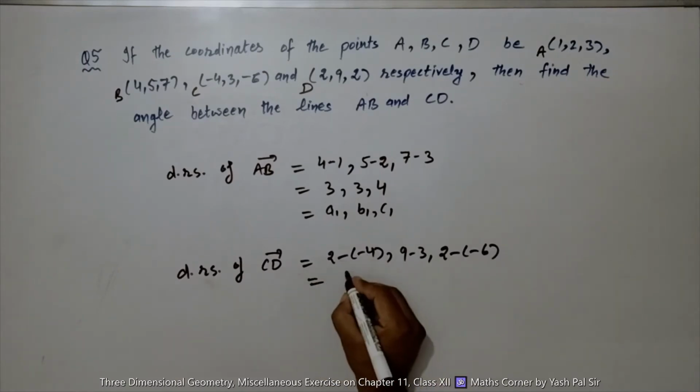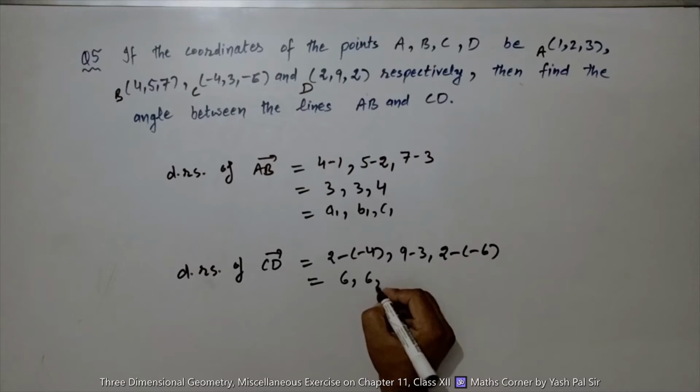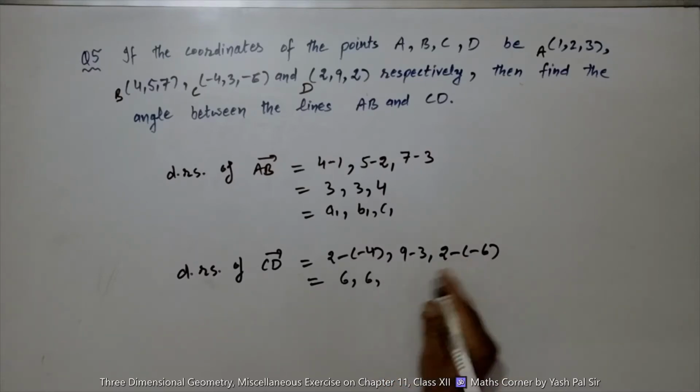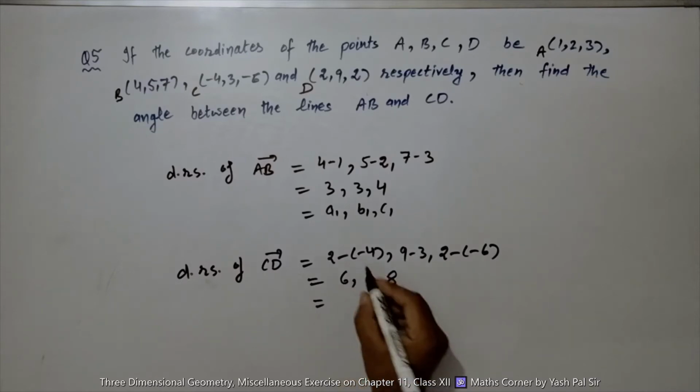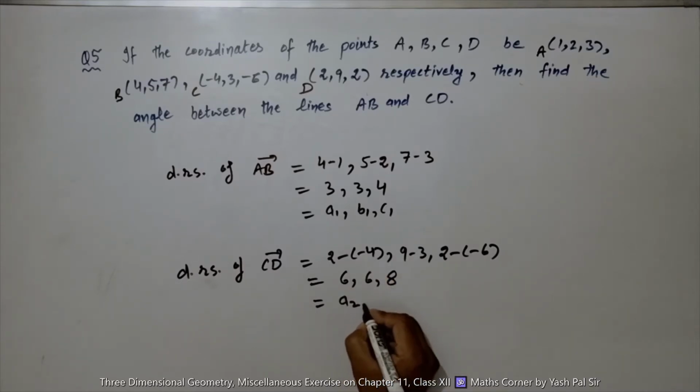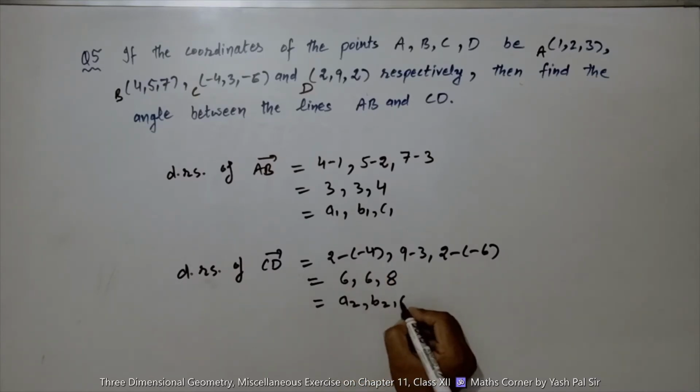So that means 6, 6, 8. So we say they are A2, B2, C2.